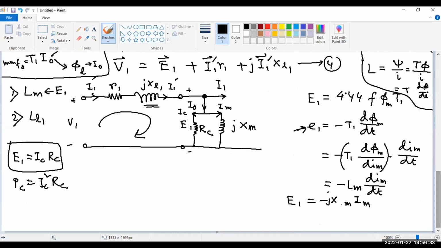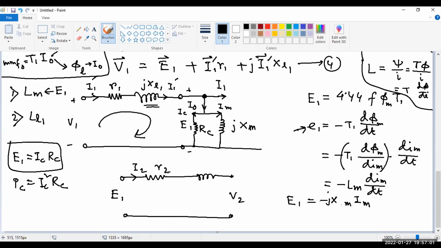It's just similar to the first equation, that is equation number 4. So I am just showing it for you. It will be the same, but here the input side will be different. Input side will be E2 and output side will be V2. Am I right? Yes, sir.